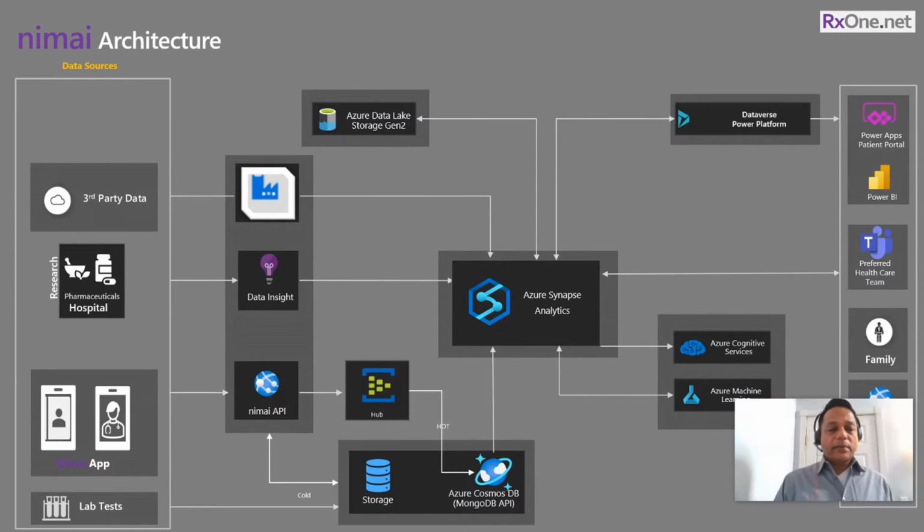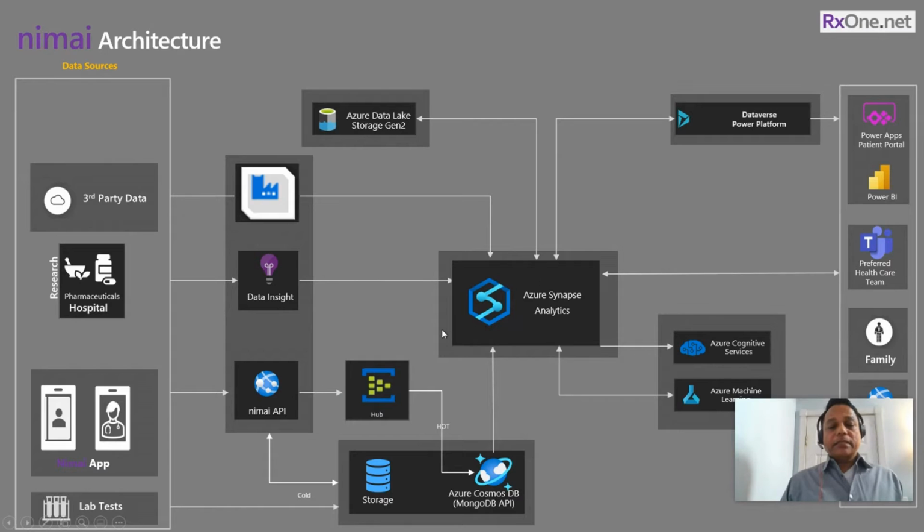And this is a very high level architecture, where our app is there. We have two apps, one for the doctor, one for the patient. And from the lab, they can upload their tests to our storage. And our API will push to Azure Event Hub. And then Cosmos DB will take that.